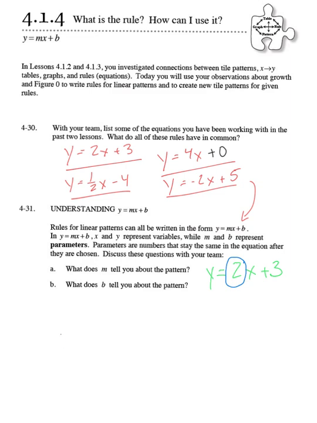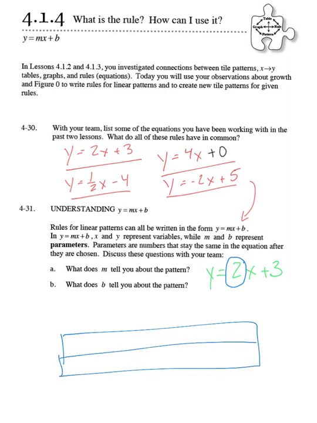If I made a table for this quickly, so if I have an x, I have a y. If I put in a few numbers for this, right, this would be the table for that equation.